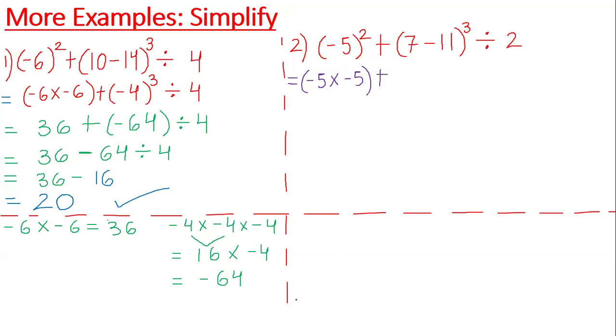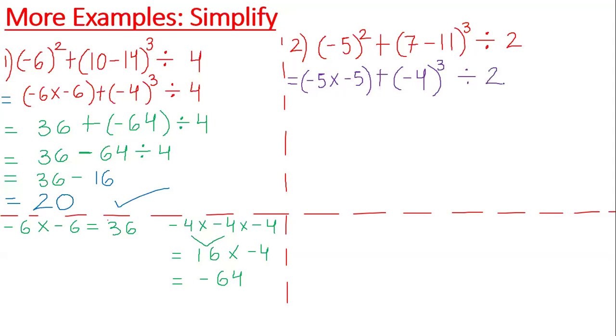What is 7 minus 11? Negative 4. Very good. So it's gonna be open bracket, negative 4, cubed, divided by what? 2. Good.